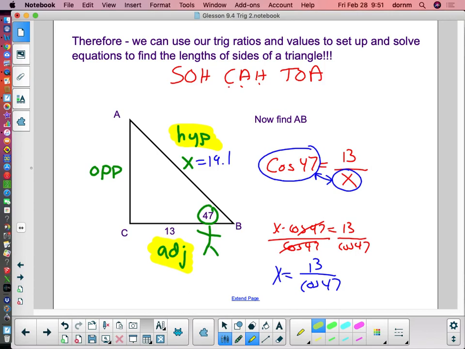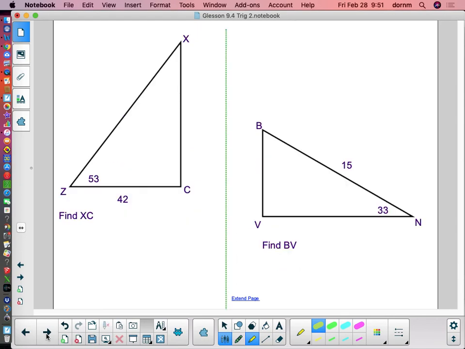Now, you might run into some eventually where all three sides are involved and you just have to pick two at a time. And say, okay, I'm going to forget about the opposite now, I'm just going to work with the adjacent and hypotenuse, so I'm going to use cosine. Or you might use what I call a shotgun approach and set up all three equations in some cases. Try to hit everything.